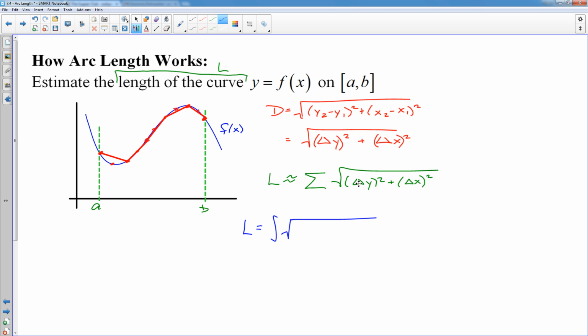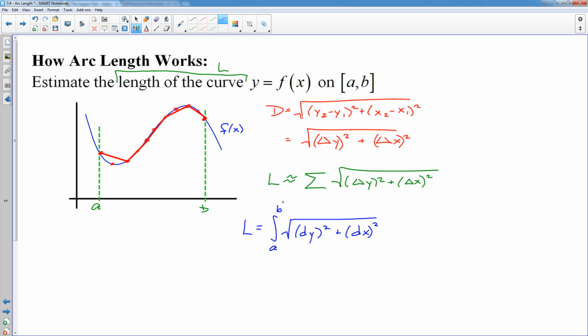Only when you take an infinite number of subdivisions, your delta y becomes infinitely small, and we represent that as a dy squared. Your delta x also becomes infinitely small, and so that would become a dx squared. And then we would measure this from A to B in order to get your arc length.